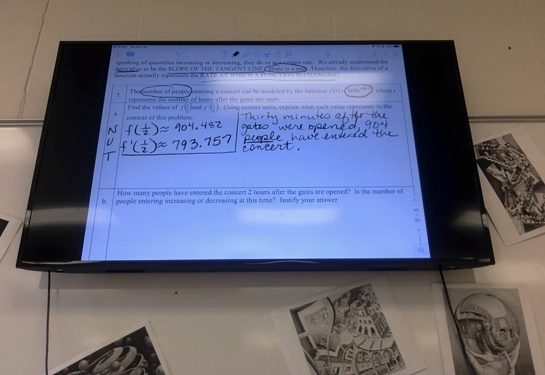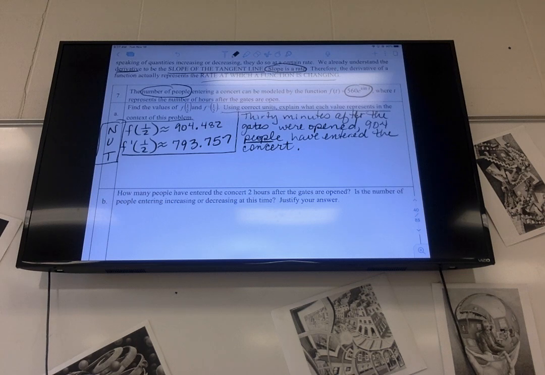U stands for units. In this case, it's people. And T stands for time. It was after 30 minutes. You have to have these three things whenever it tells you to explain what the value represents.